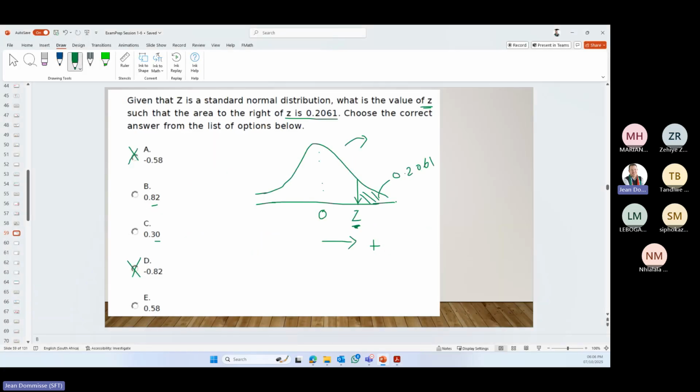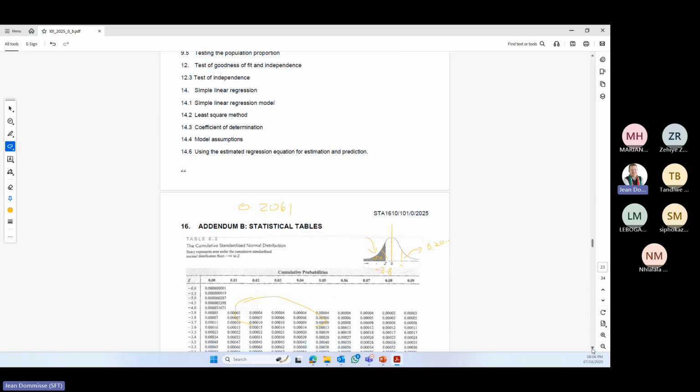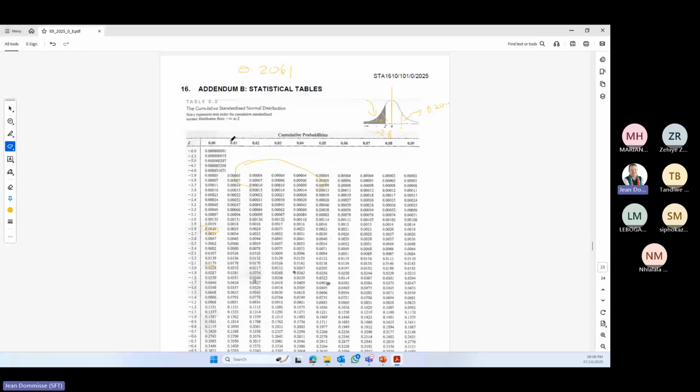So I'm going to look for 0.2061 in these numbers. Okay, so let's now just scroll down. 0.2, so that is not 0.10. Okay, so here we get to 0.2. Okay, wait, 0.2, not 0.02.